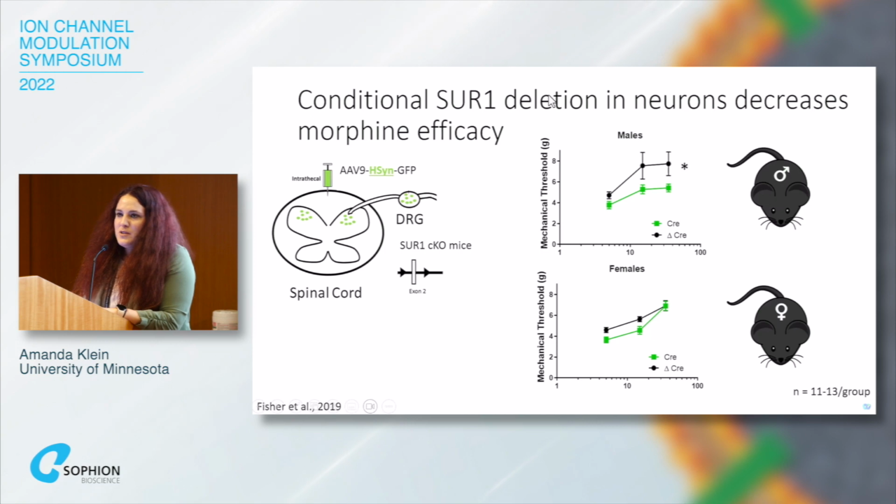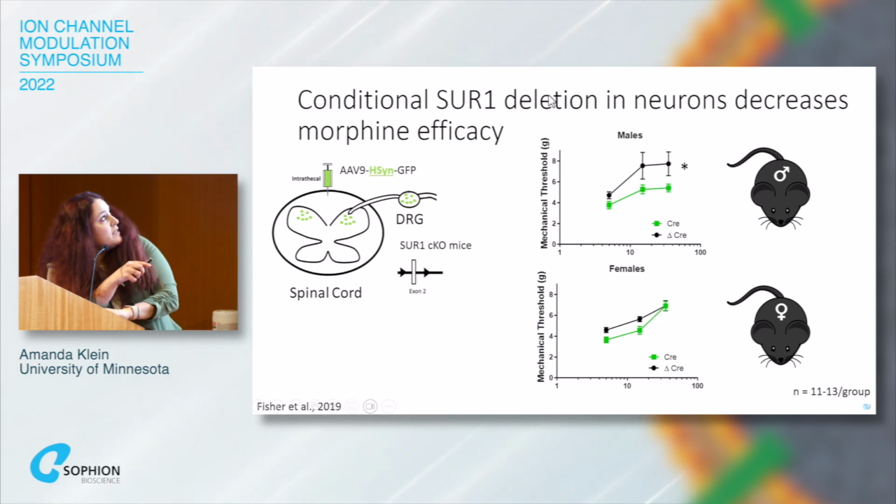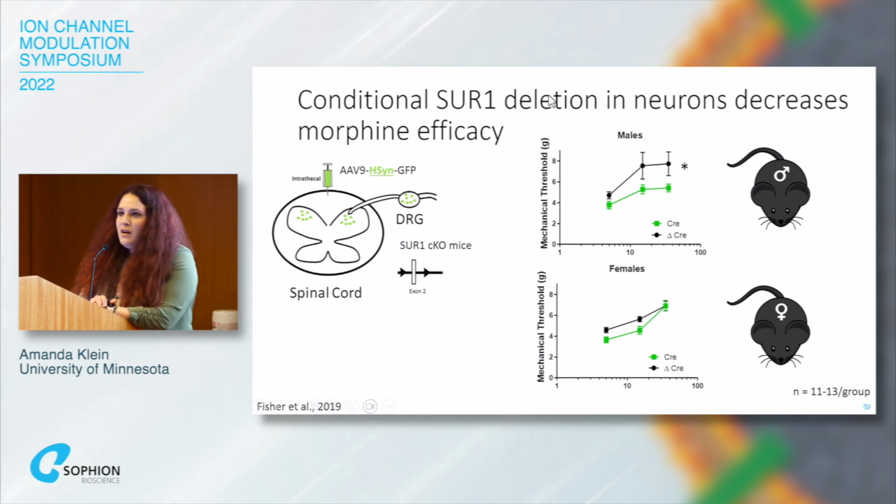We decided to also use some more genetic strategies to look at this more specifically. We have a conditional knockout animal, SUR1 flox animals, and we looked at specific injection into the lumbar spinal cord. These are intrathecal injections that we did using a neuronal promoter. The reason we did these conditional knockout studies is we got great data from the global knockout animals, but we wanted to make sure there weren't any compensatory effects.